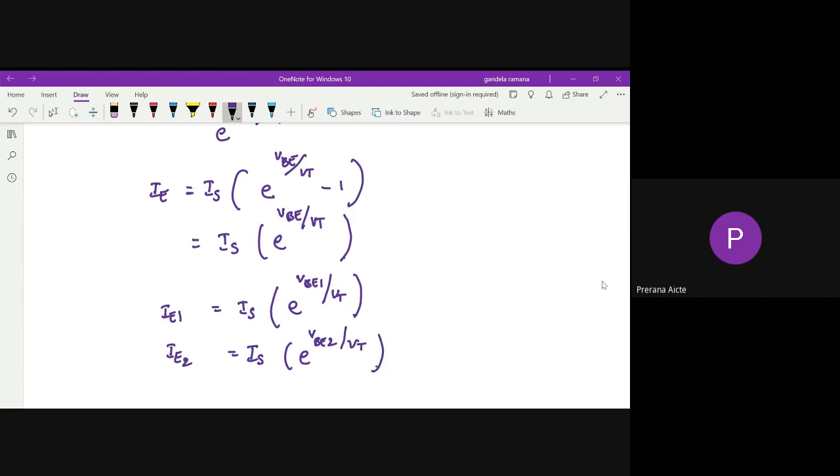The reverse saturation current is the same for the transistor, and the remaining parameters are constants. So only VBE varies. So here we need this by this.